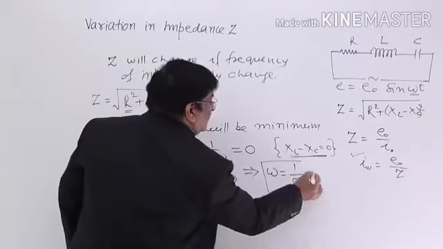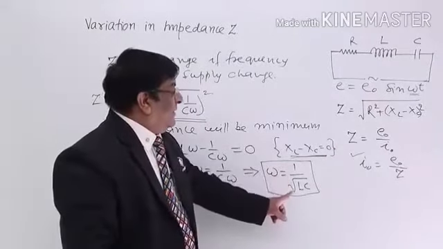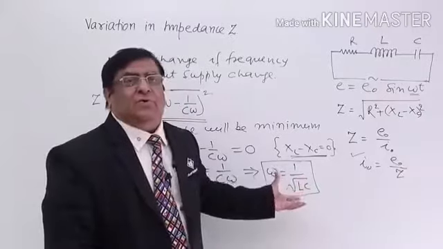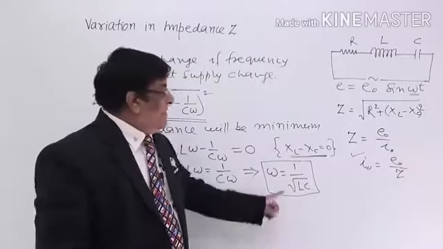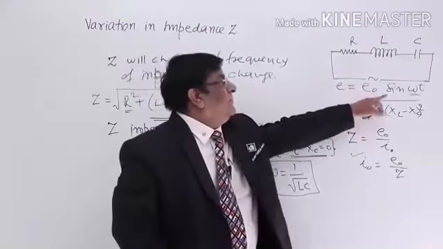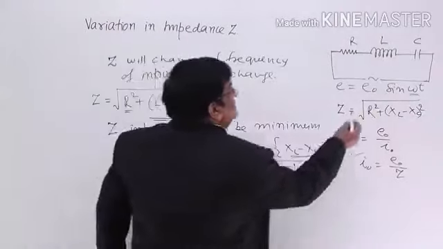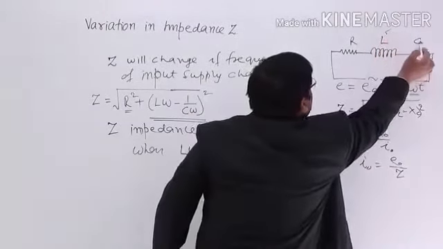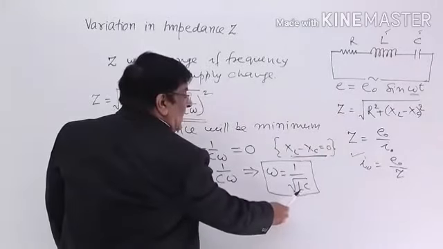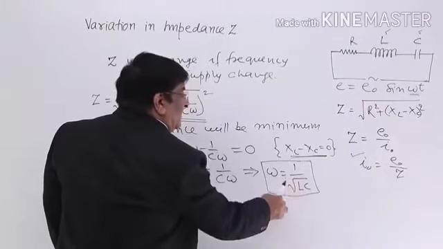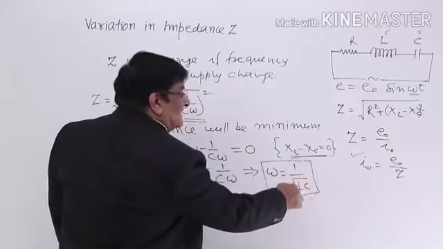This is a very famous condition. Frequency omega is equal to 1 upon root LC, and you are going to find this in a number of places in physics calculations. L is the inductance, C is the capacitance. If we multiply C and L together and calculate this, it gives a certain value.